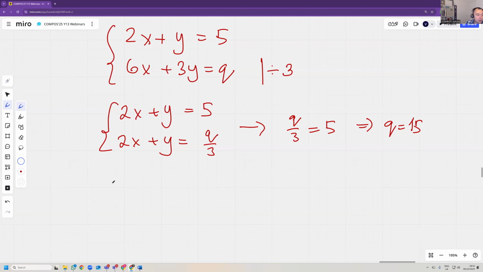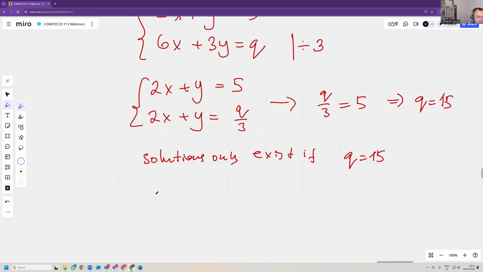So solutions only exist if q is 15, and that means 2x plus y is 5. So any point on this line is a solution.